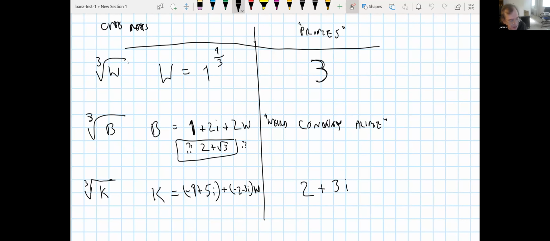Now, let me just leave off with one puzzle that's, I guess, supposed to be the next puzzle. I mean, just one puzzle leads into the next one.